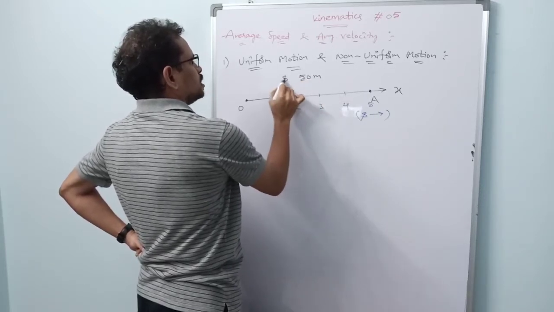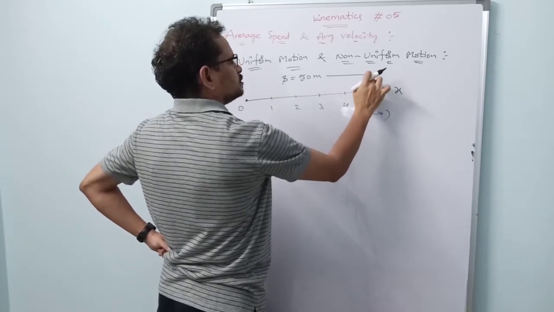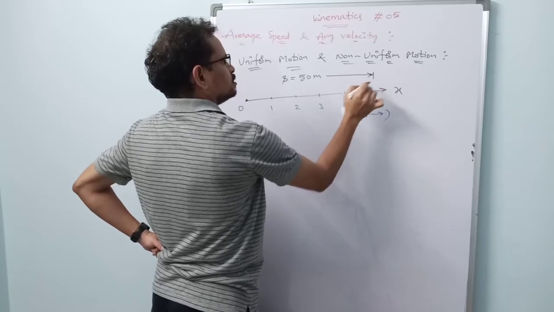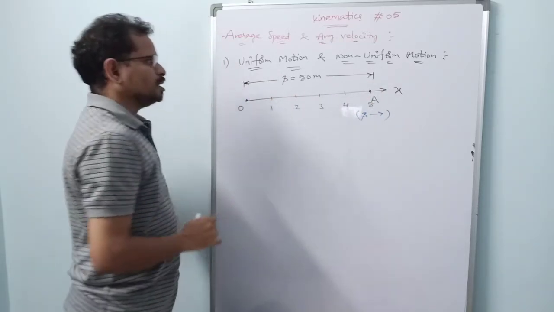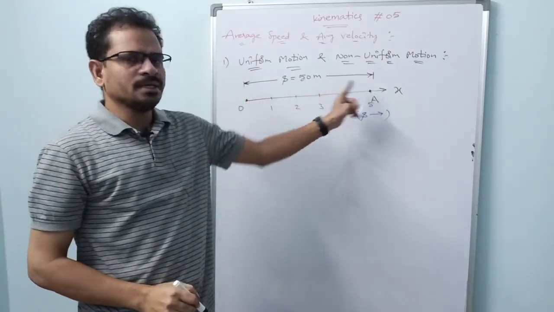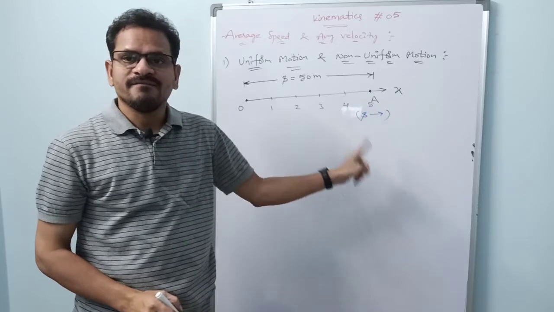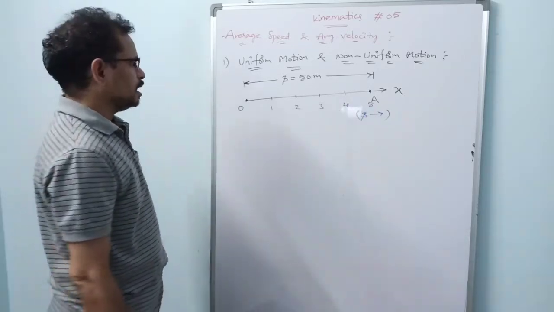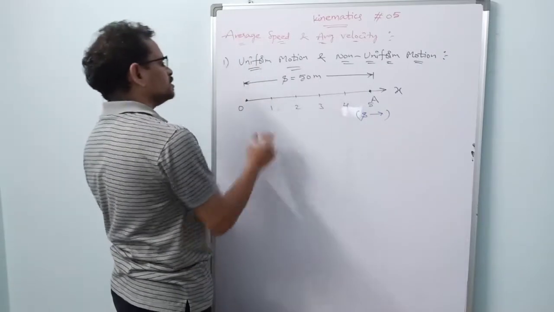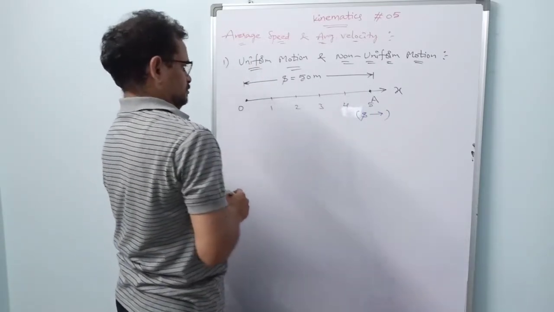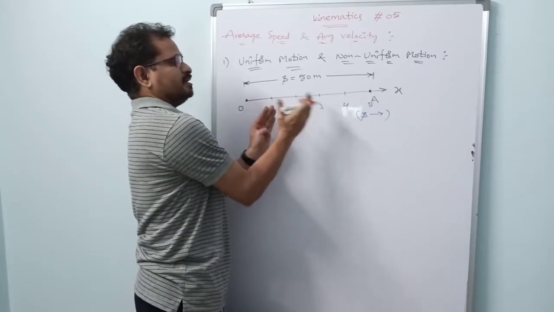So the total distance S is 50 meters, from the origin to point A. The total distance traveled by the body is 50 meters, and the total time taken is 5 seconds. Now let us suppose the distances covered by the particle in different time intervals.